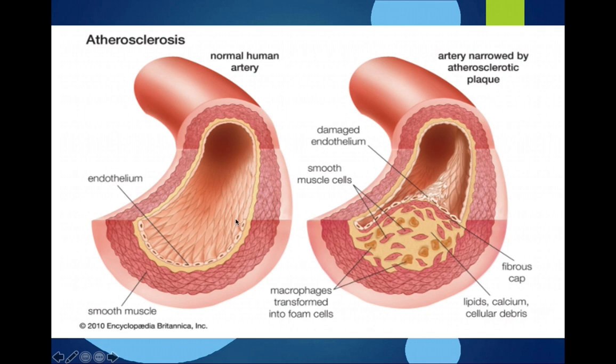In fact, if you have high blood pressure and that damages the endothelium, again, if this layer breaks, your body is going to use cholesterol to patch this up. It's going to use cholesterol as a fixer-upper.